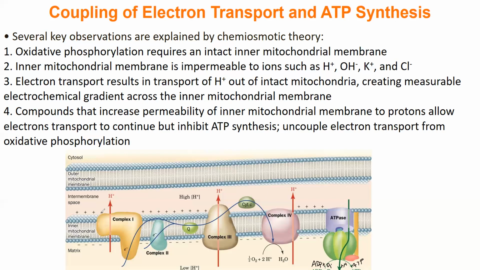You can measure the electrical current, showing you that protons are moving. And then if you allow the inner mitochondrial membrane to become permeable to small ions again, so you just add some chemicals and you don't destroy the membrane, but you allow small ions to go through the membrane, ATP synthesis is destroyed.